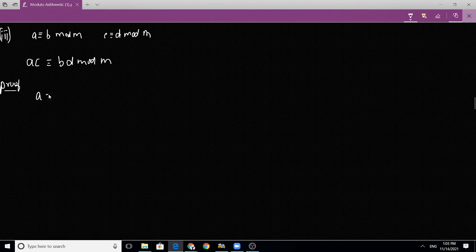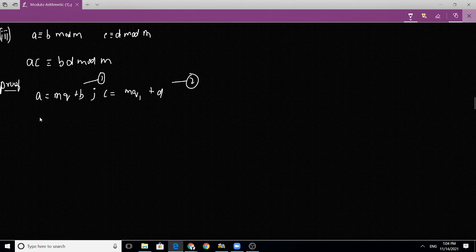So I have that a equals mq plus b, and c equals mq1 plus d. I'm assuming this as equation 1 and this as equation 2.